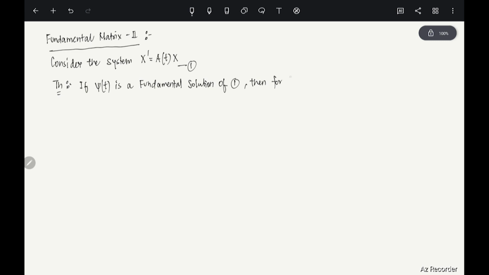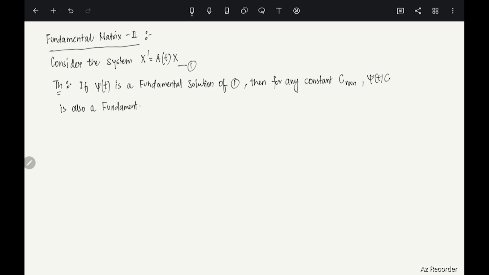for any constant n cross n matrix C, phi t times C is also a fundamental matrix of 1.